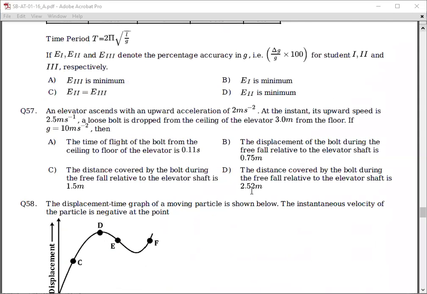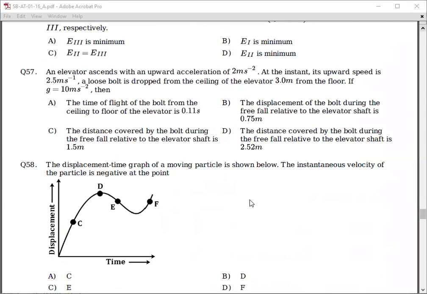No? Chalo. 54. An elevator ascends with an upward acceleration of 2 meter per second squared, right? At the instant, its upward speed is 2.5 meter per second. A loose bolt is dropped from the ceiling of the elevator 3 meter above the floor. If G is equal to this, then अब खुद सोचो एक बार, ये अच्छा क्वेश्चन है. Elevator ascends, so U is given, which is 2 meter per second.